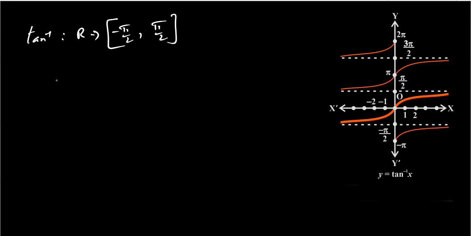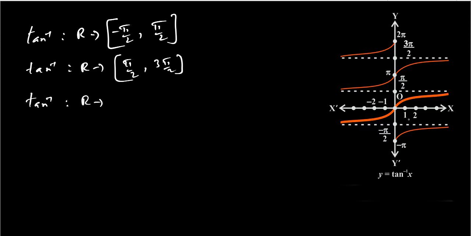Let me take other branches also. Tan inverse from R to pi by 2 to 3 pi by 2. If we go on the negative side, tan inverse from R to minus pi by 2 to minus 3 pi by 2.